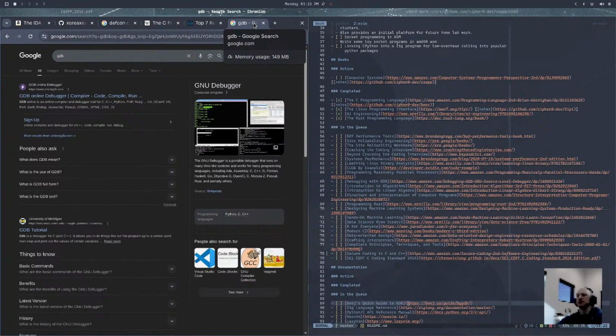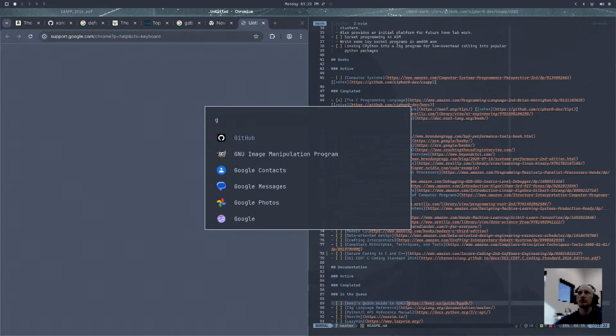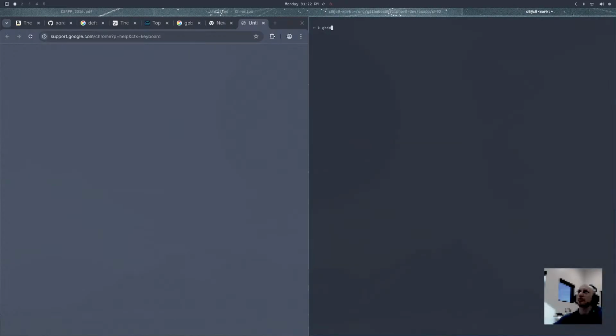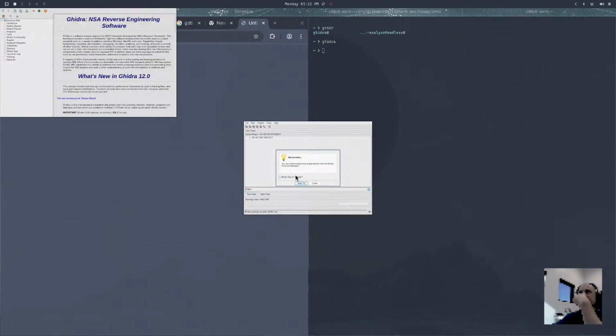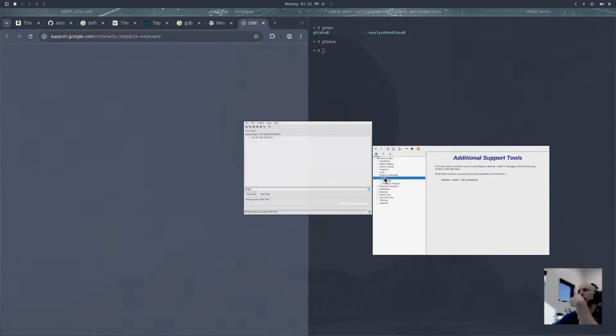Ghidra, I don't know if Ghidra does ARM or not. Oh, I think I have it on here. The thing I don't like about Ghidra is that it's JVM. You have to create these stupid projects.